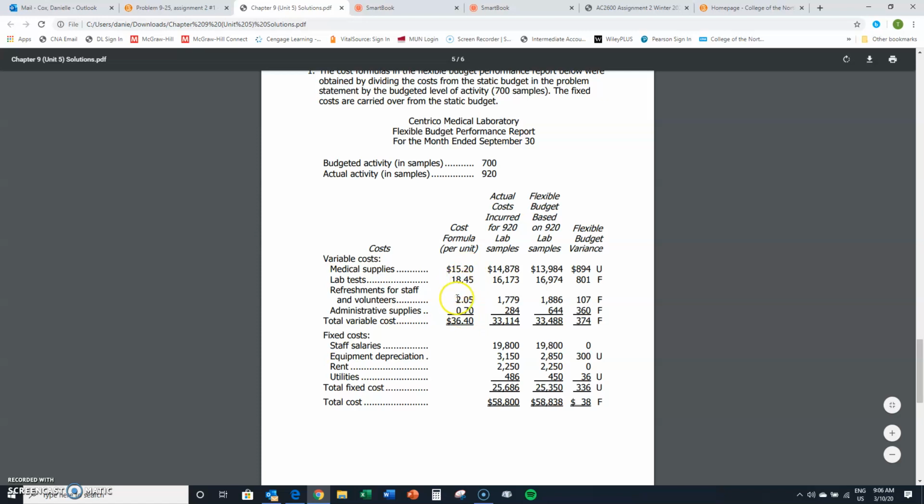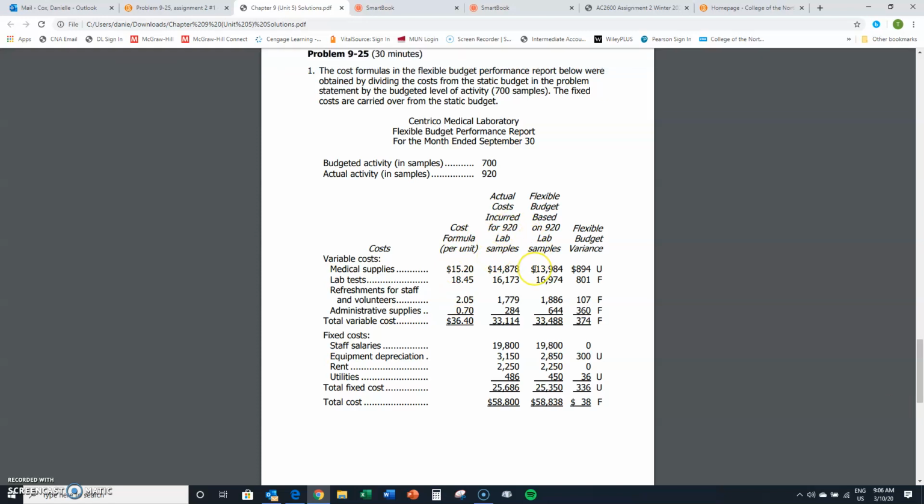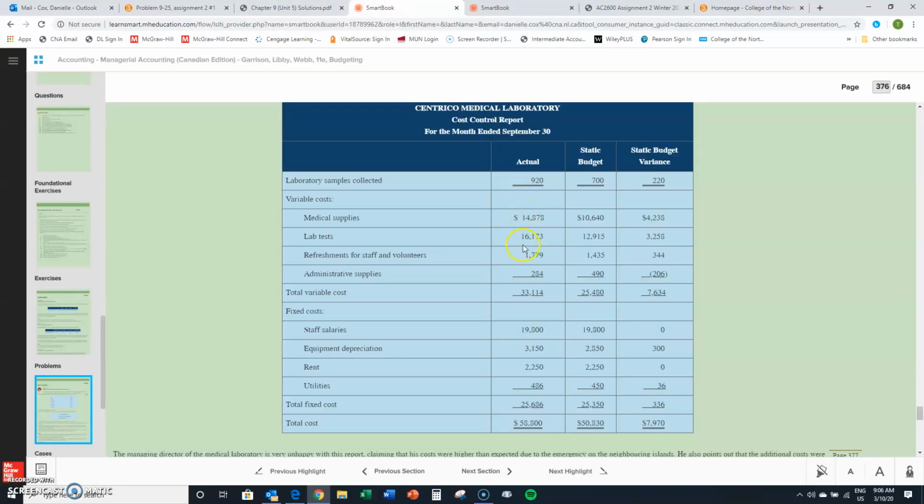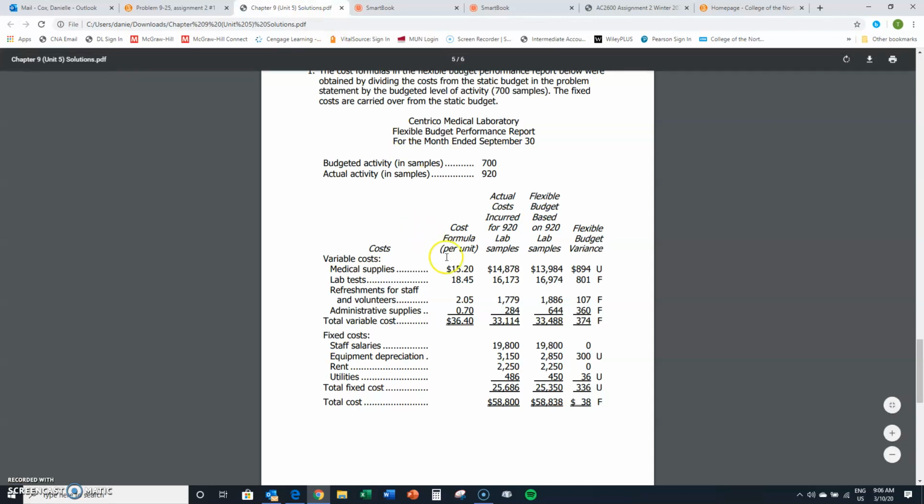Now we can compare the actual costs that were incurred and the flexible budget based on that same level of activity. The actual costs are just copied over, and the level of activity is 920. So we can take these per unit costs and do a flexible budget based on 920 samples.